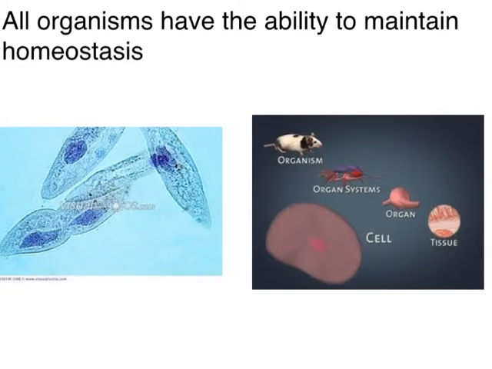Just wanted to refresh, before we get to all the hormones, just wanted to refresh your memory that it's very important for organisms to maintain a constant internal environment, whether they are unicellular organisms or multicelled organisms like humans, or this rat here. We all have to have the ability to maintain a constant internal environment.